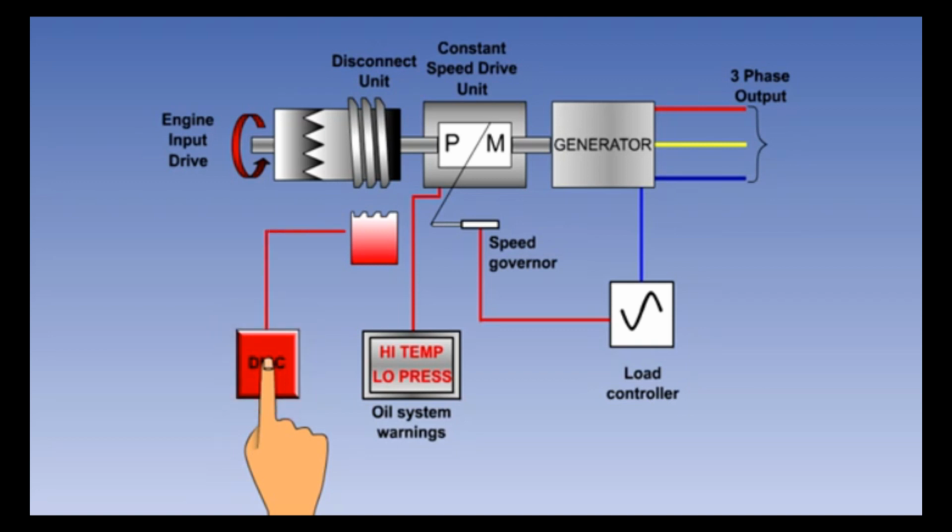This operates a solenoid, which causes a mechanical separation of the input drive from the engine to the constant speed unit. The mechanism requires the unit to be rotating for it to operate, so a disconnect should only be attempted when the engine is running. Reconnection may only be done manually on the ground, following shutdown of the engine.